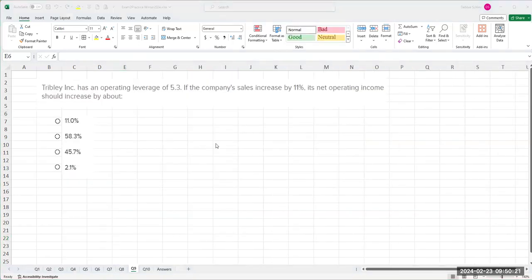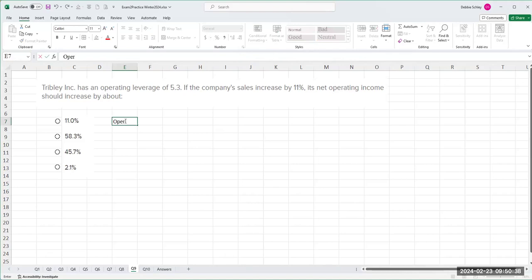Okay, question 9. Tripoli Incorporated has an operating leverage of 5.3. If the company's sales increase by 11%, its net operating income should increase by about... Okay, so again, operating leverage is 5.3. Sales increase is going to be 11%.